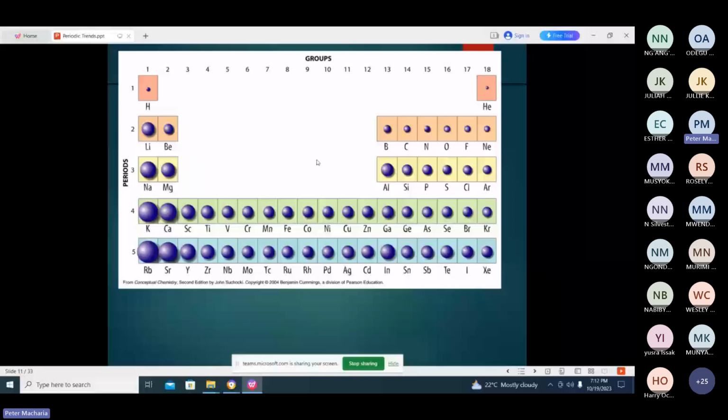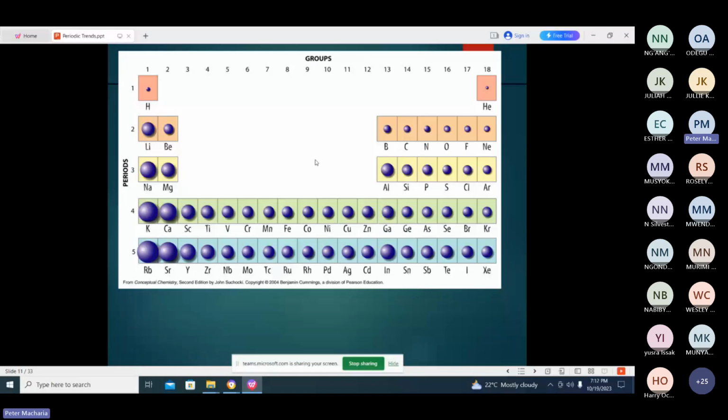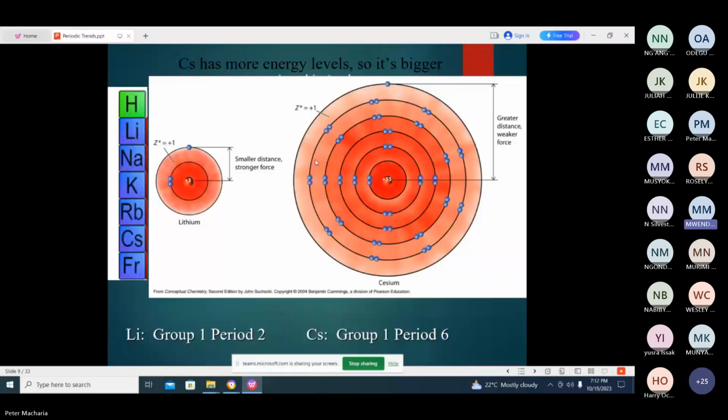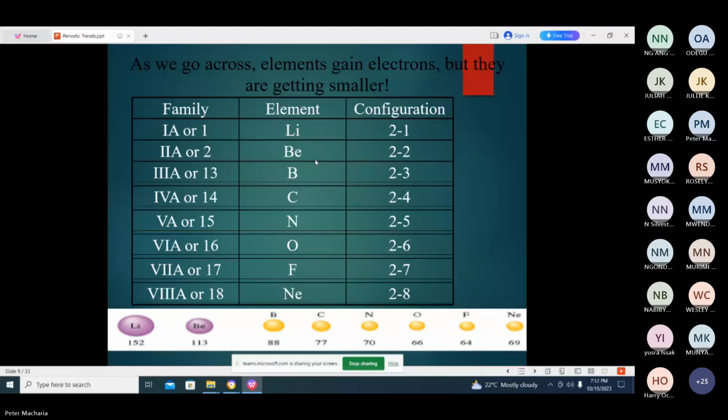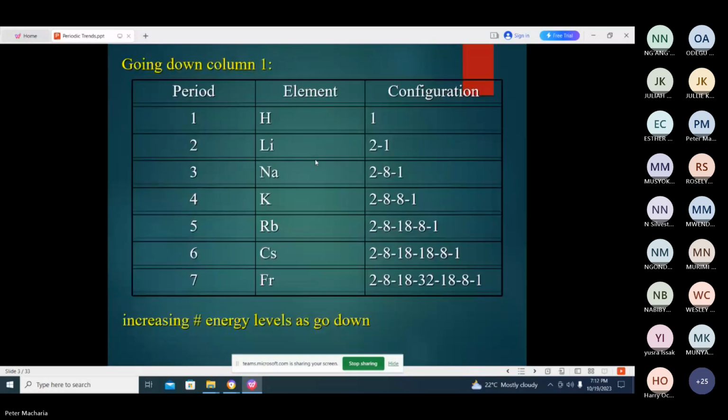Now let me go back. So we look at groups generally. Now, looking at group 1, although you can ignore hydrogen, per se, when you're talking about group 1 elements, we can temporarily hold it there.